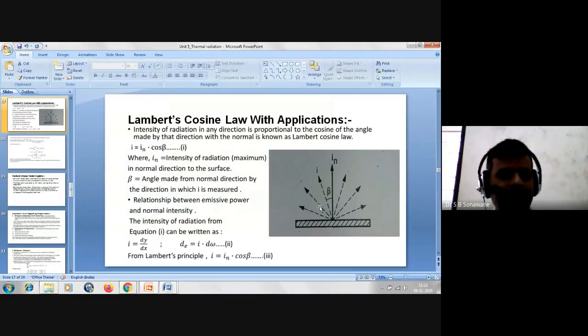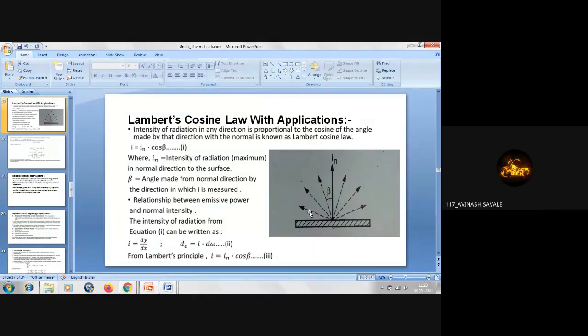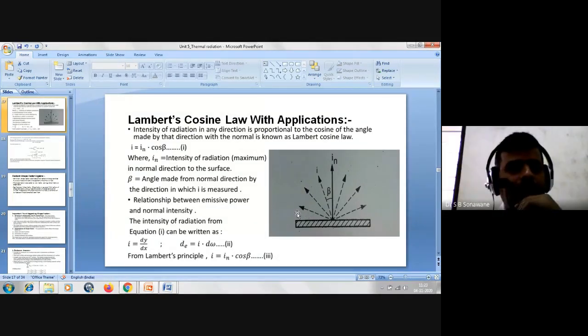According to Lambert's cosine rule, I is equal to In cos beta, where I is the intensity of radiation in any direction, In is the intensity in the normal direction, and beta is the angle made by that radiation with respect to the normal. Have you understood this? Yes, sir.